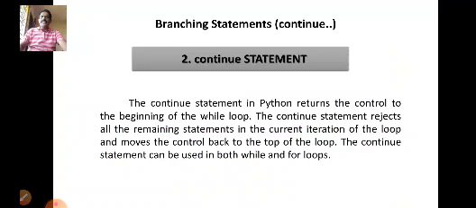Continue statement. When execution takes place inside the block, suppose you want to set control to the beginning of the loop at the top, then we have to use the continue statement.